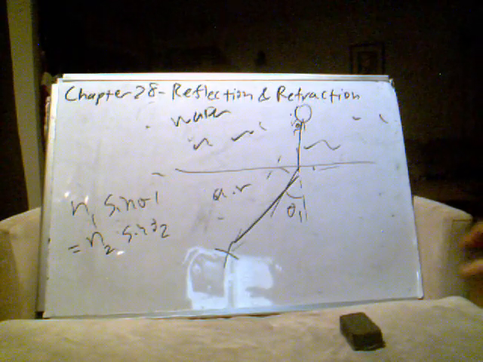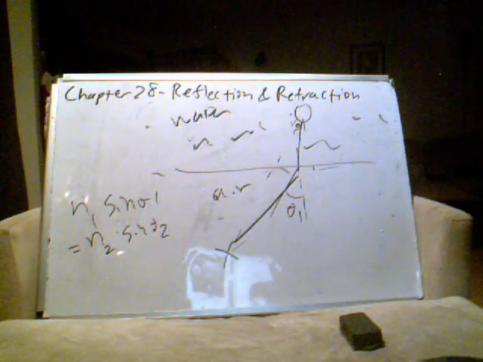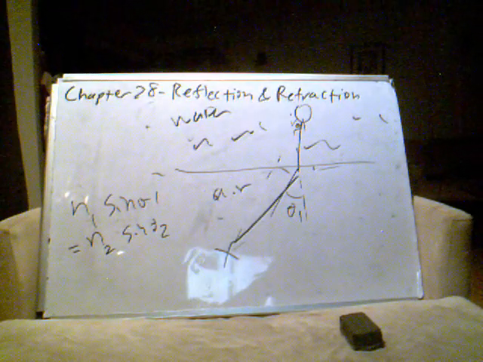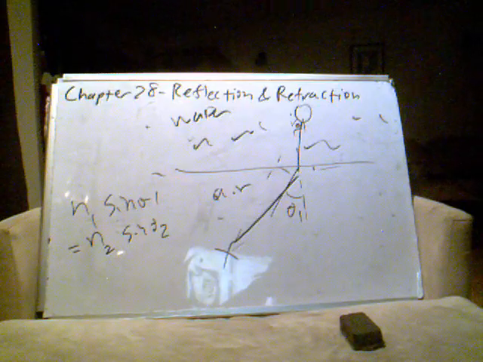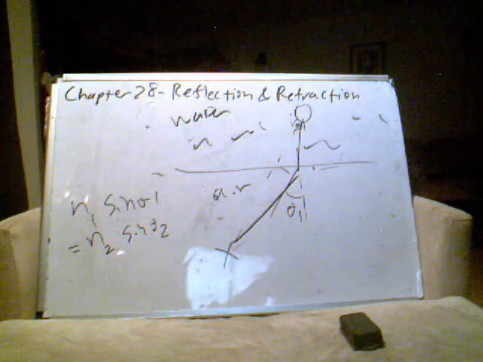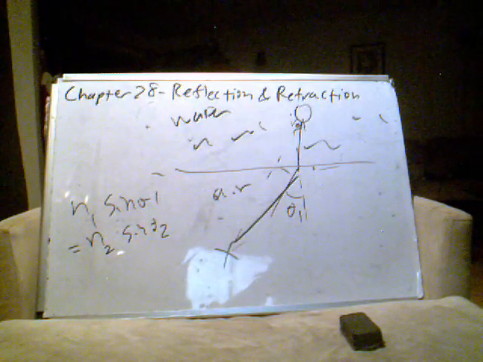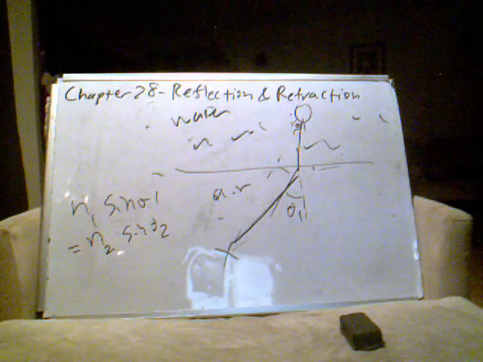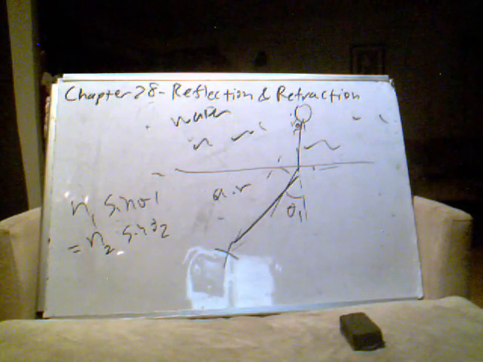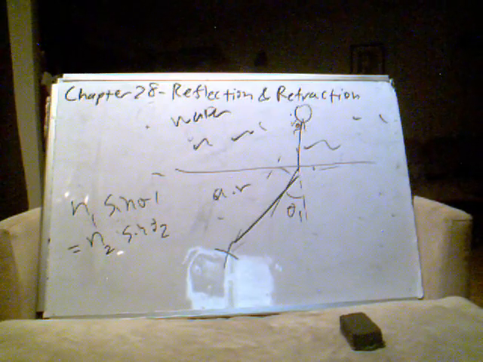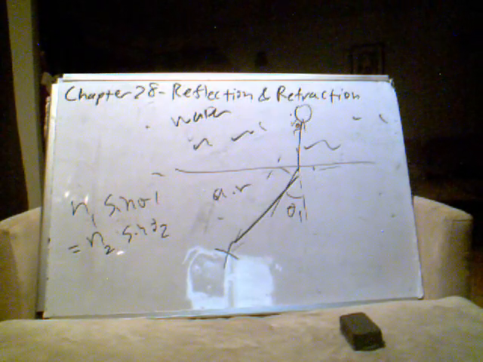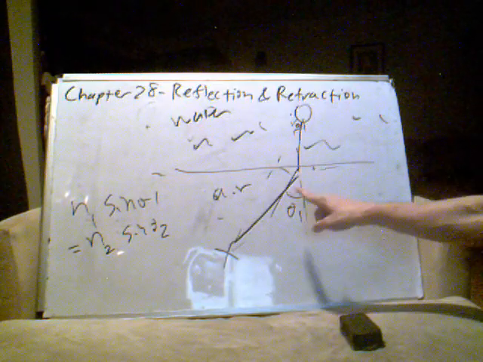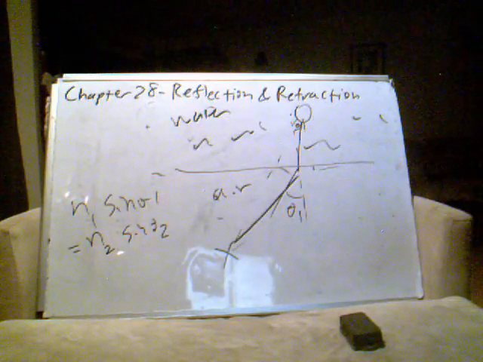I know that sounds really funny, but if you look at the link to the video that I posted for Huygens principle, you'll see very readily what I mean exactly, and why it is that the light coming in from the air gets refracted toward the normal as it goes into a higher index of refraction like the water.